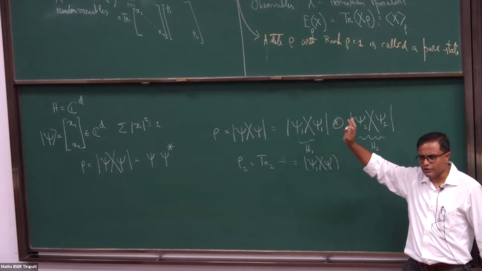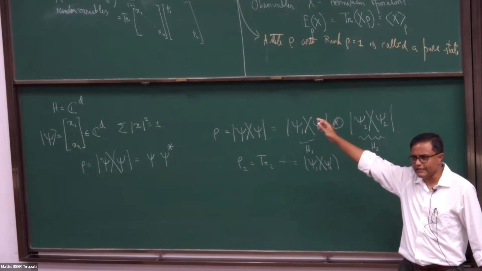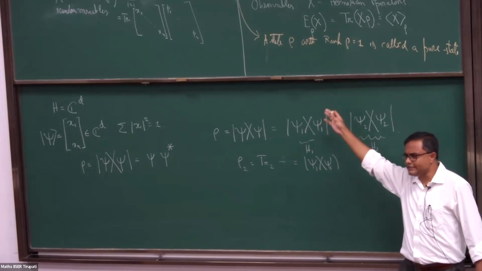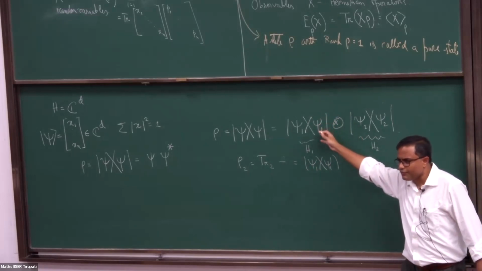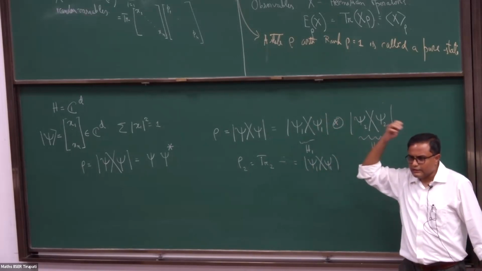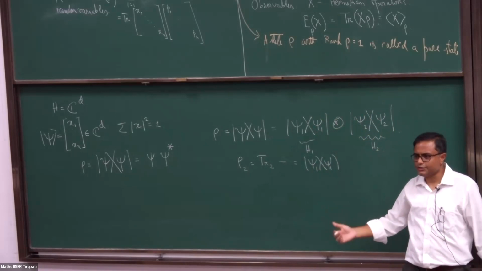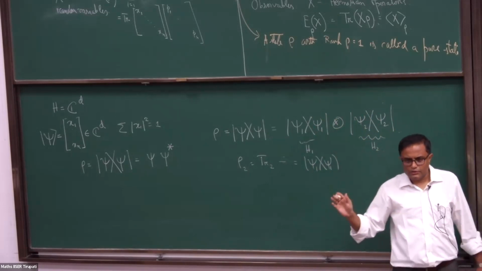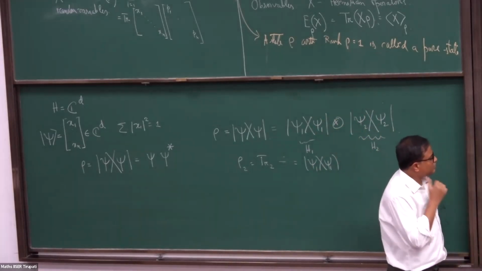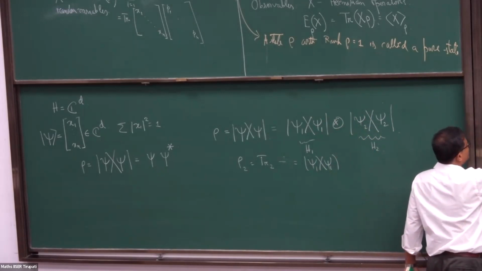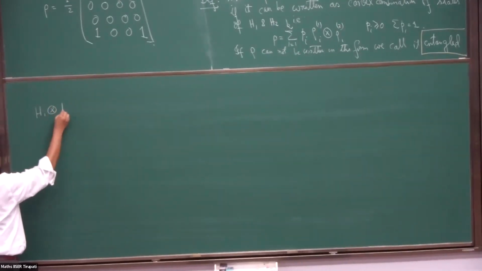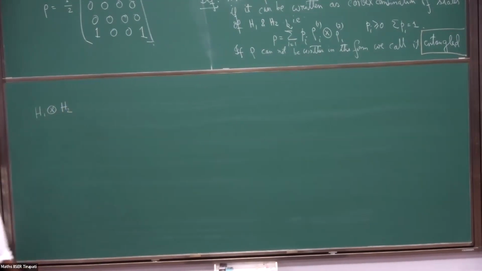Of course, I can without difficulty extend it to H1 tensor H2 up to Hn. That would not create a problem for me, but it will make it more complex. More complications will only increase. So, just keep it in mind. But even in two systems, H1 tensor H2, this interesting object happened.